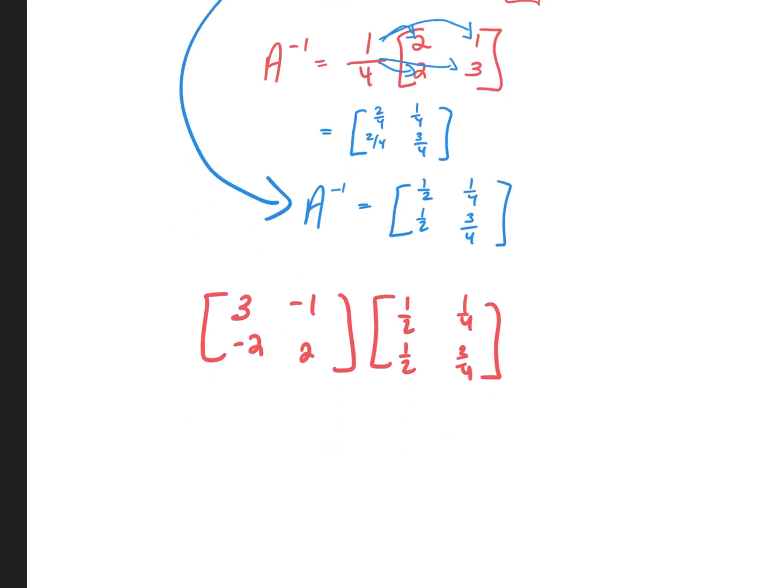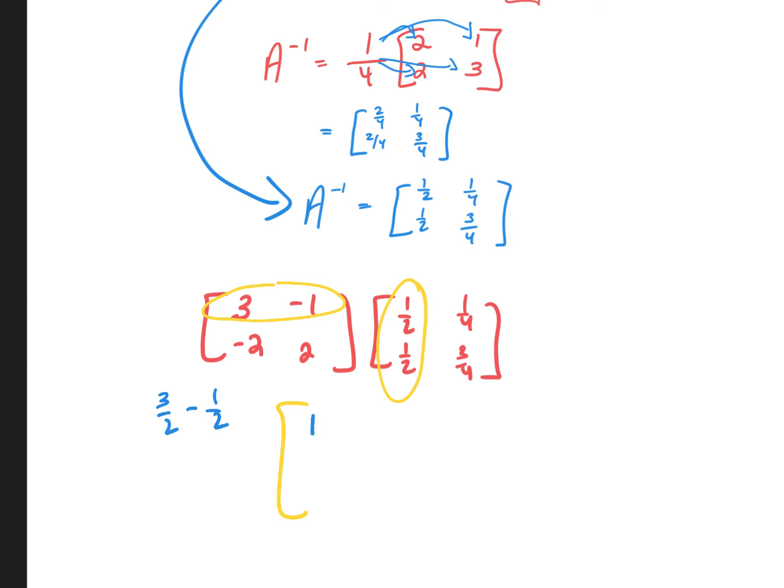So think about it. We'll take first row, first column. What is 3 times 1/2? 3 over 2. And then what's negative 1 times 1/2? Minus 1/2. What's 3/2 minus 1/2? 1.